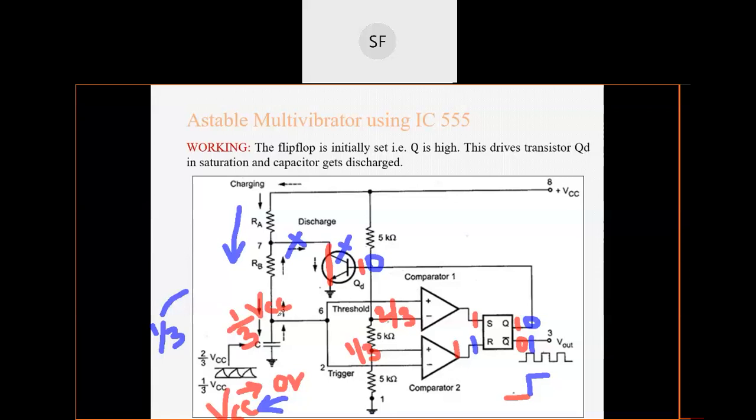Since this capacitor is charging from 1/3 VCC, the voltage across the capacitor will increase. So one moment will appear when the voltage across the capacitor will become greater than 2/3 VCC.